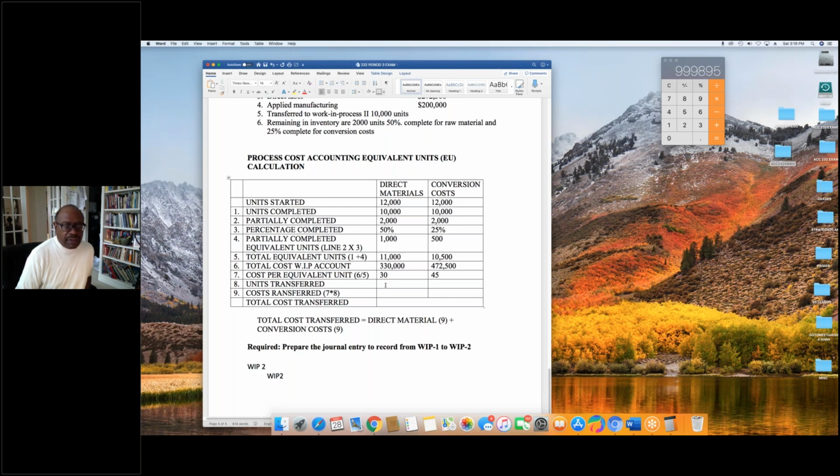The units transferred, that's going to be these units that were completed. I'm going to drag them down for you. Copy, paste. Okay. So the cost transferred is simply line 7 unit cost times line 8, the quantity. So these are dollar amounts here, of course.